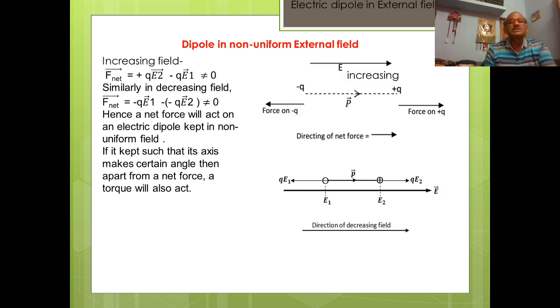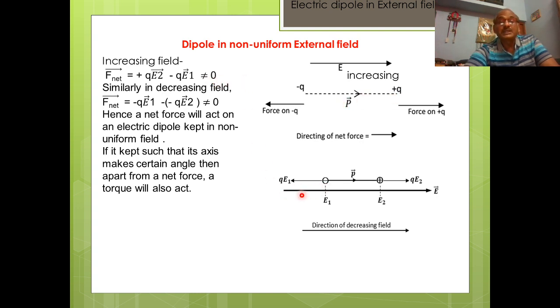Now the dipole in a non-uniform electric field. Two cases here we will take up. First, let the electric field be increasing. Then here the electric field is less, here the electric field is more. So the force on this plus charge and the force on this negative charge are not equal. So we can say F net is not equal to 0.